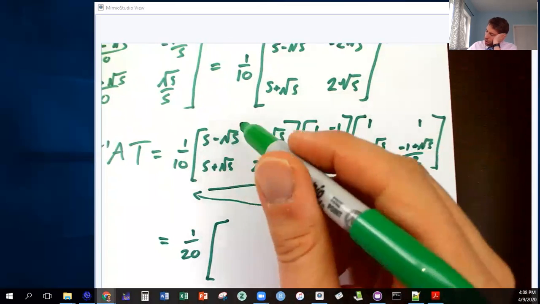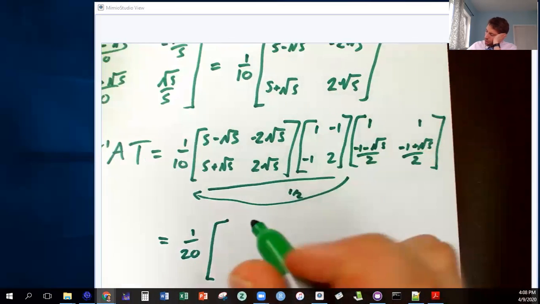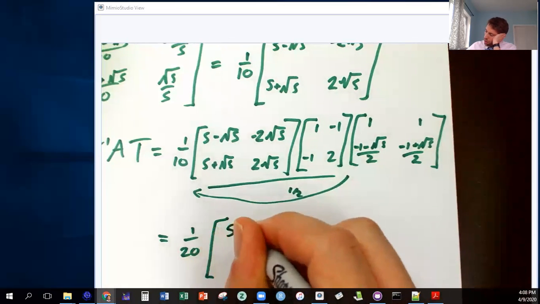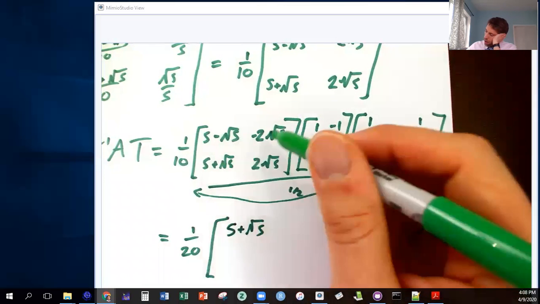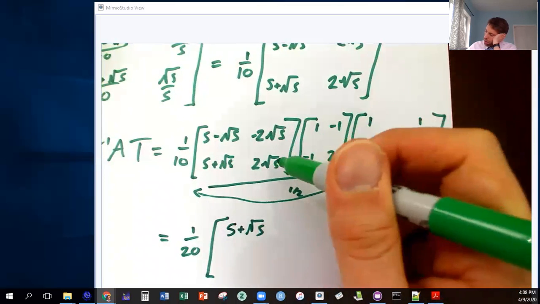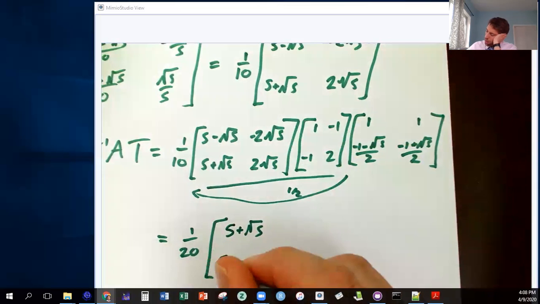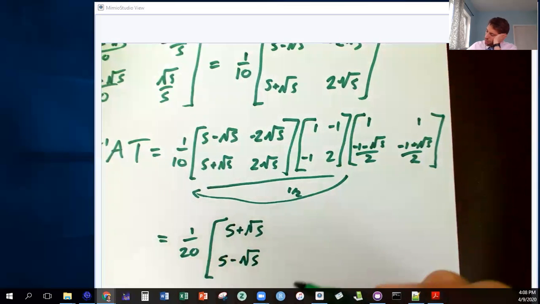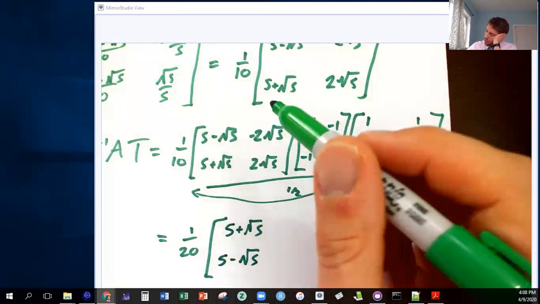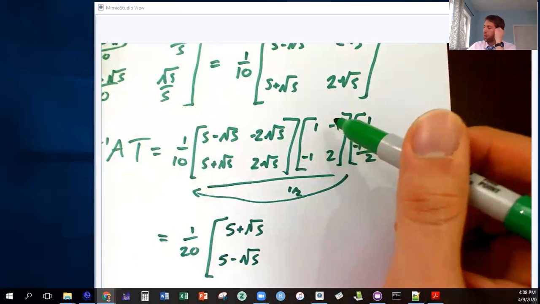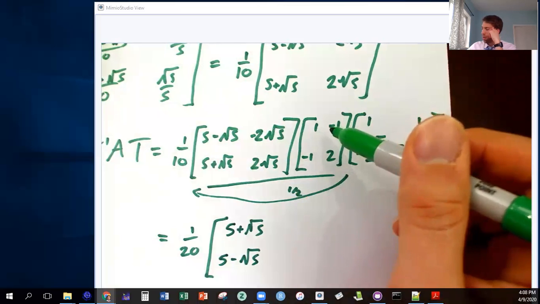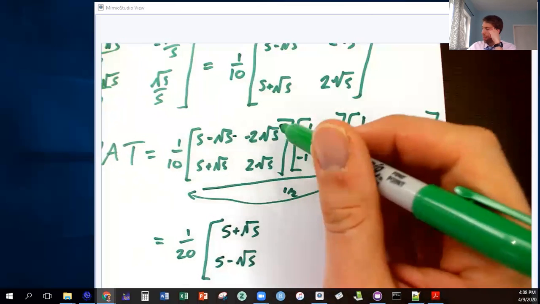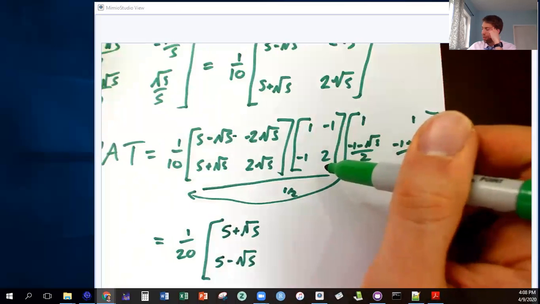So 1 minus square root of 5 plus 2 square roots of 5 is 5 plus square root of 5. Okay, and then 5 plus square root of 5 minus 2 square root of 5 would be 5 minus square root of 5. And then 5 minus square root of 5 times negative 1, which should be negative 5 plus square root of 5. And then minus 4 square root of 5.